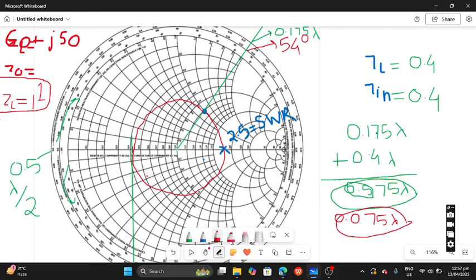Now you have to locate this point on Smith chart. I guess here it is. I will just draw it. Here it is. Don't consider it as a pole.